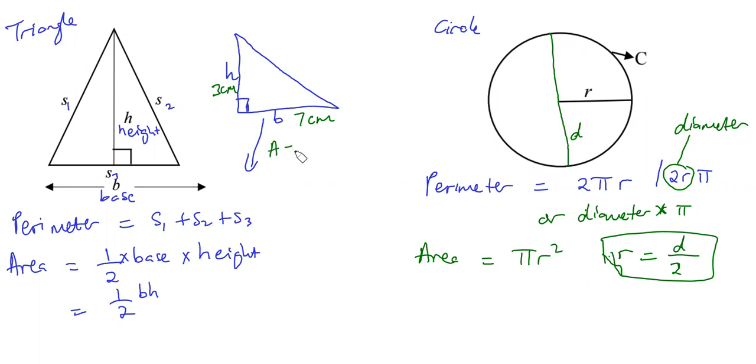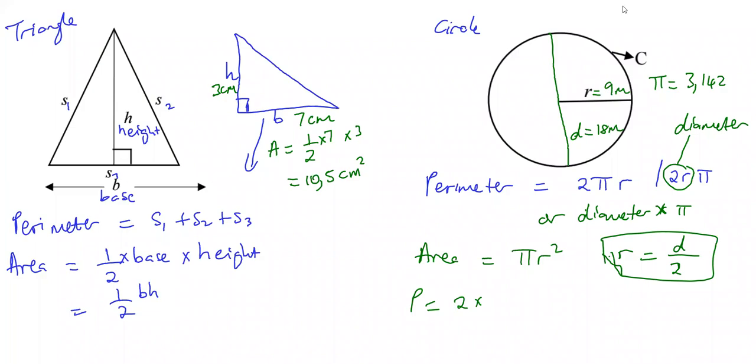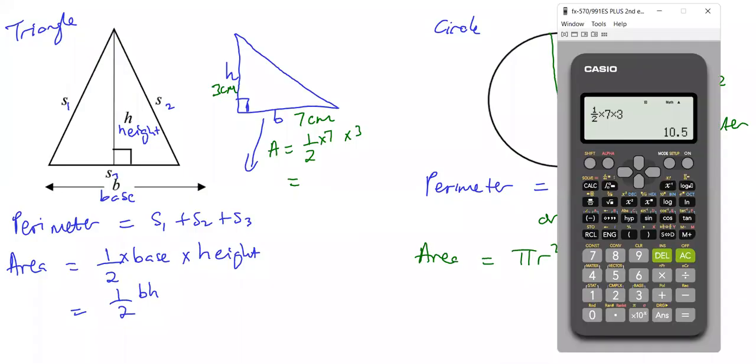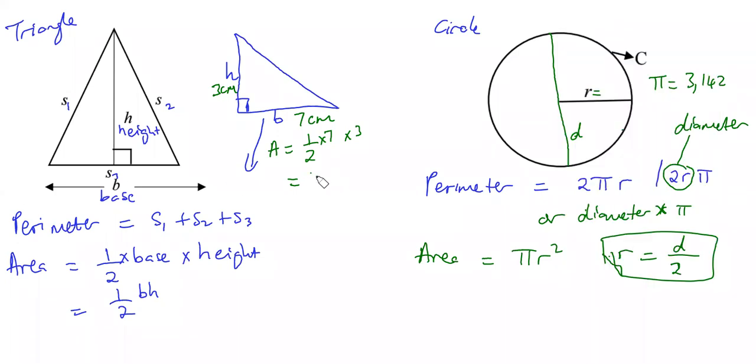Our area is going to be half times 7 times 3. So we've got half times 7 times 3, which is 10,5. Then we have 10,5 centimeters squared.